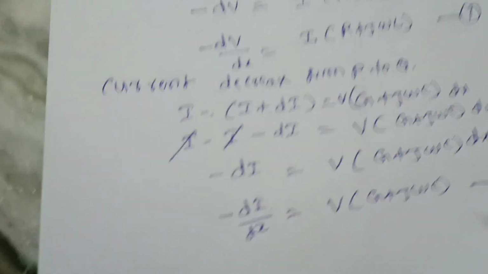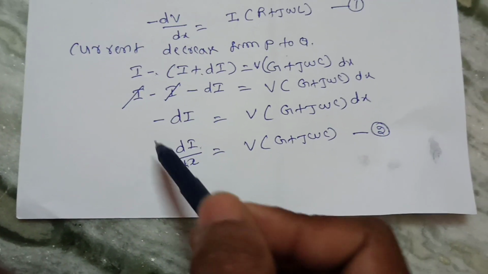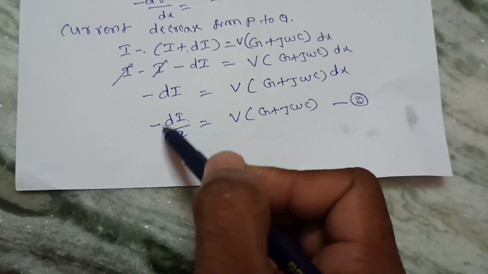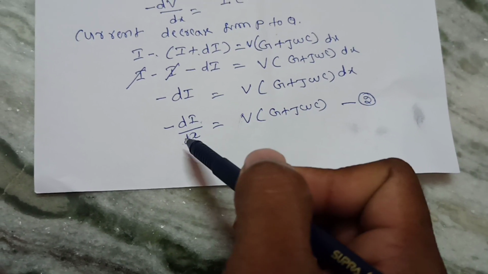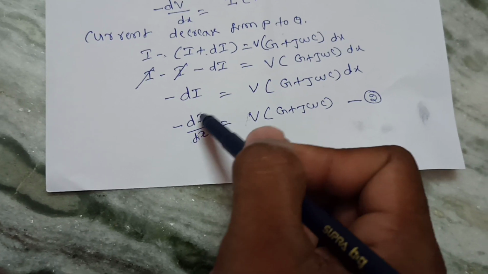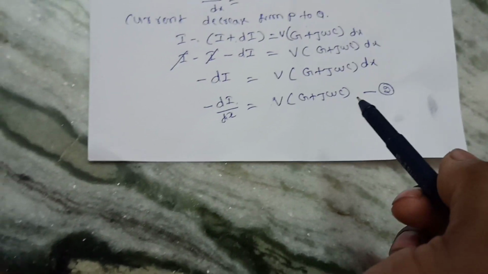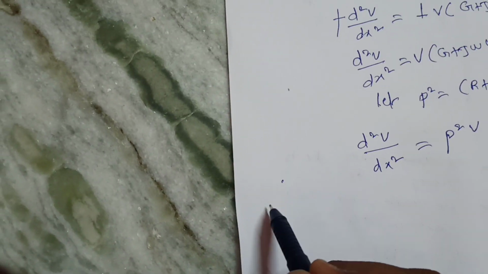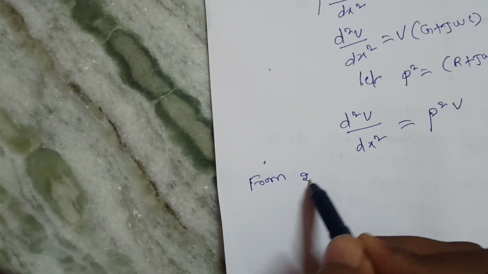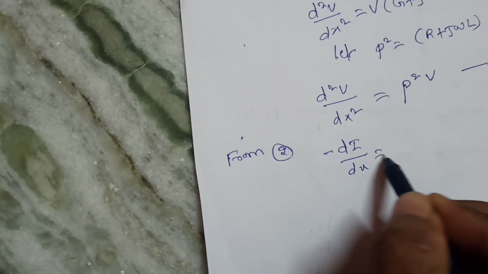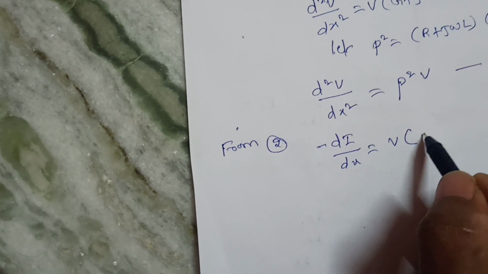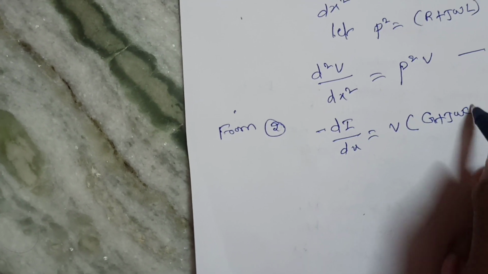Similarly, this is the current equation, equation 2. In this current equation, we have to eliminate the voltage term only by differentiating di by dx with respect to x. From equation 2, minus di by dx is equal to V of g plus j omega c.